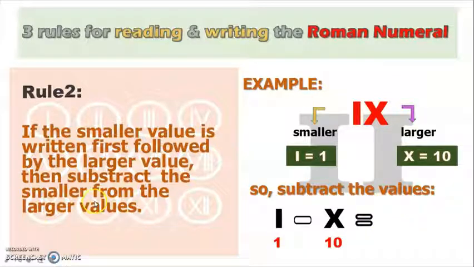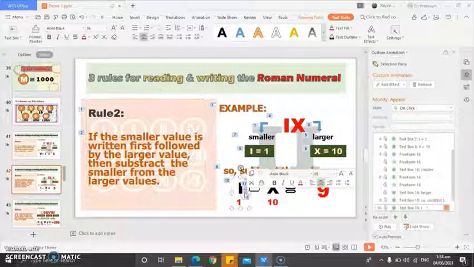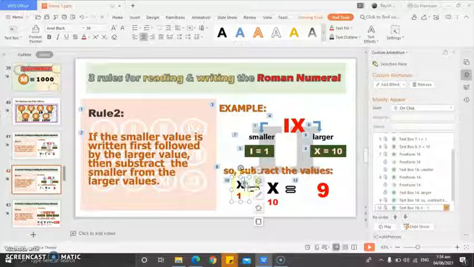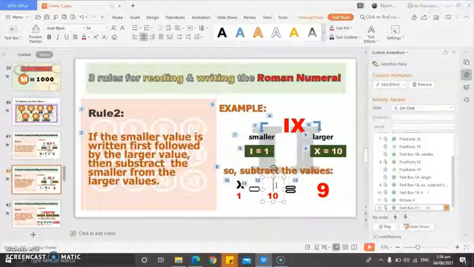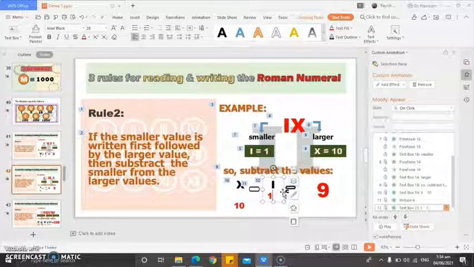The rule says to subtract the smaller from the larger, so 10 minus 1. So you have to interchange this. You subtract the larger, X, minus I: 10 minus 1.